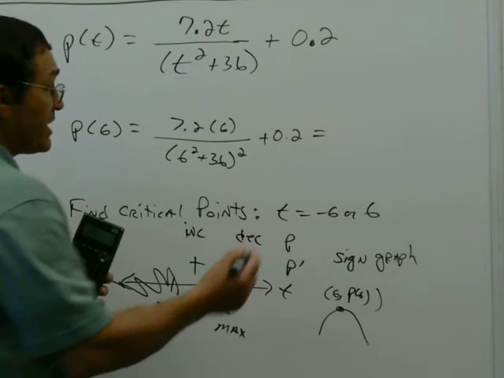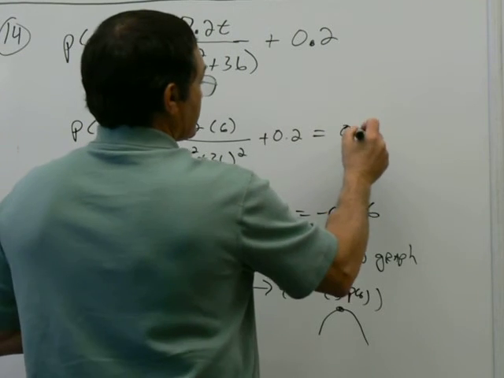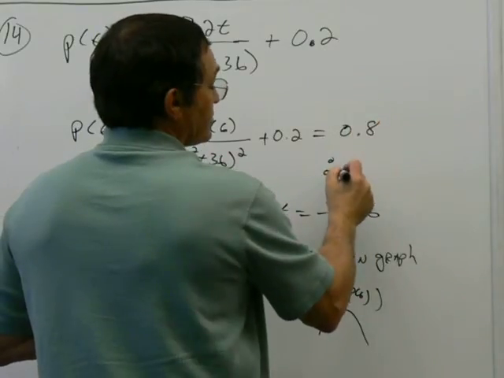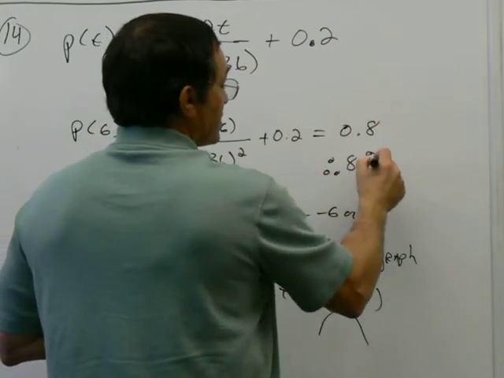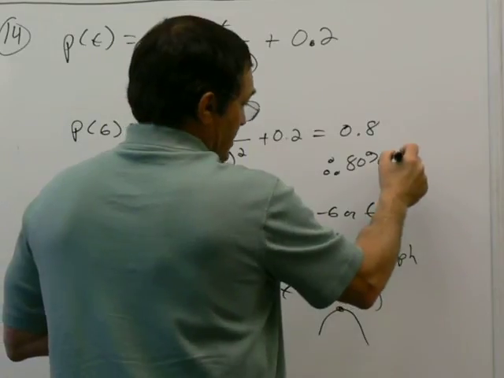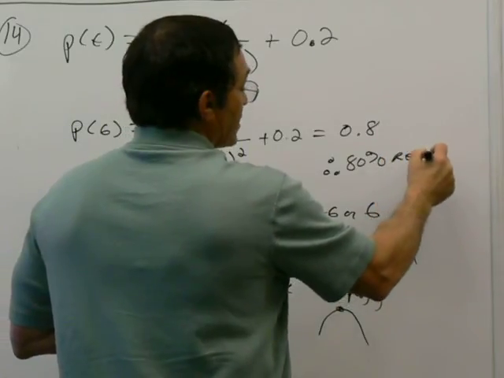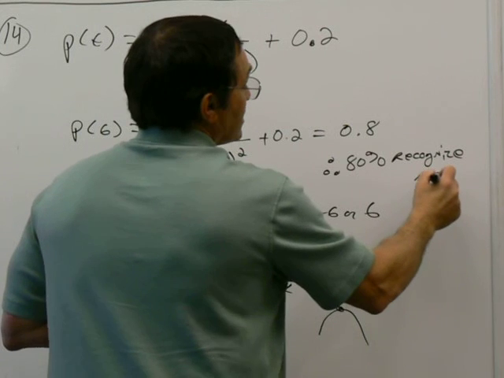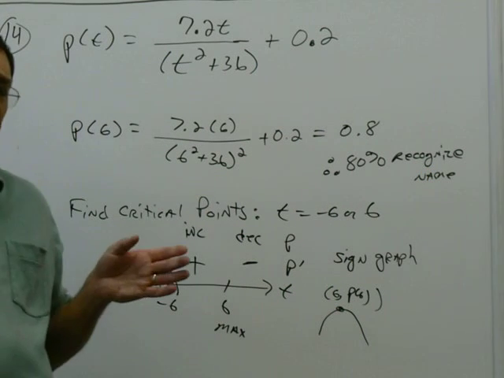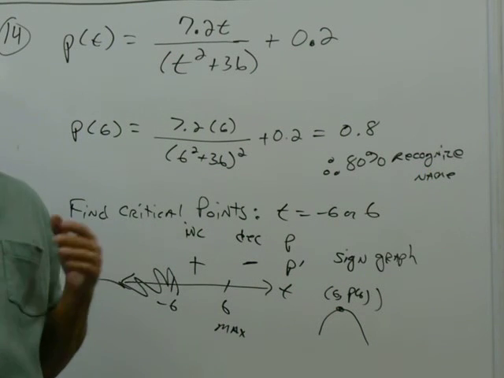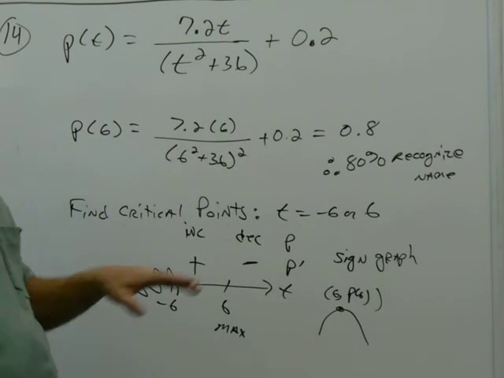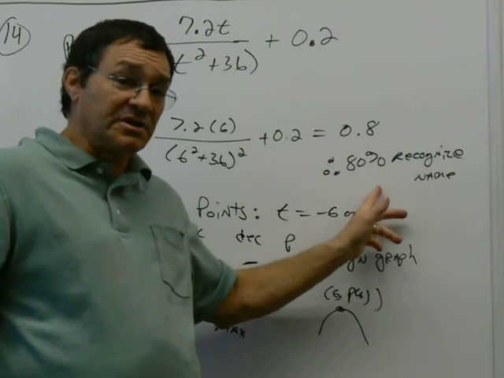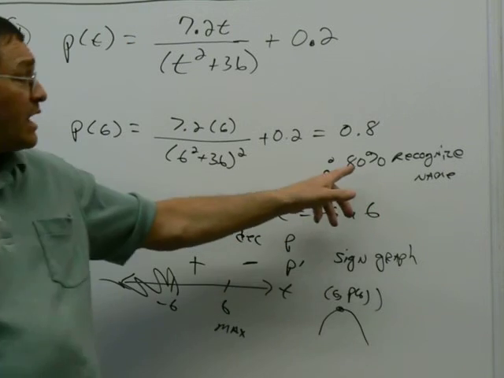And I get 0.8. And that means therefore, 80% recognize the name. So, what I have determined is the maximum percentage of the population in this campaign who will recognize my candidate's name, if this is an accurate function, is 80% of the population, and that's very good.